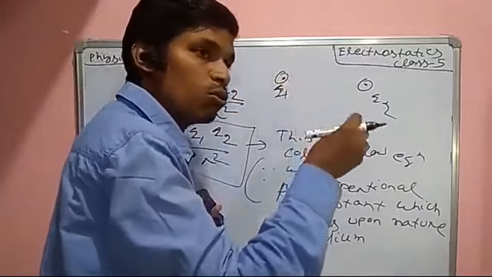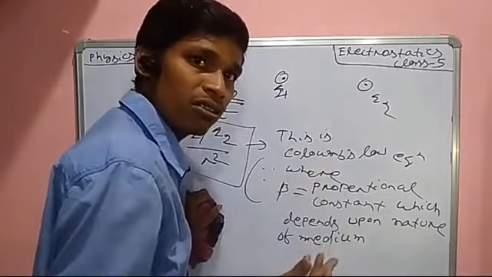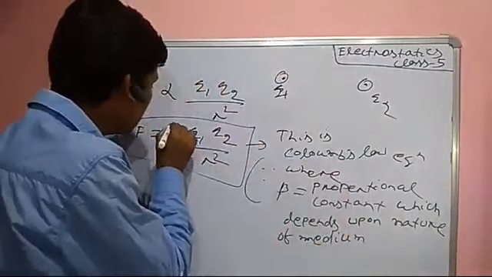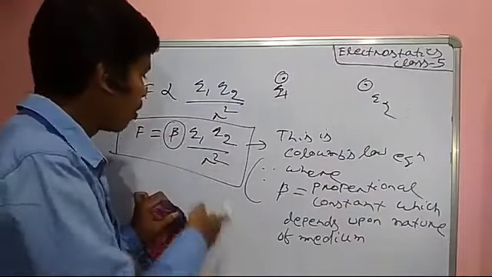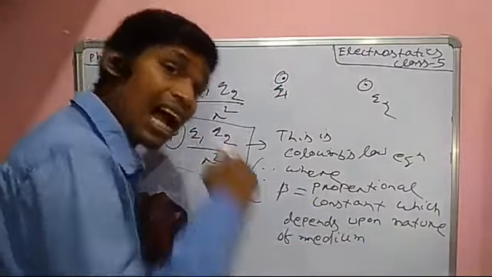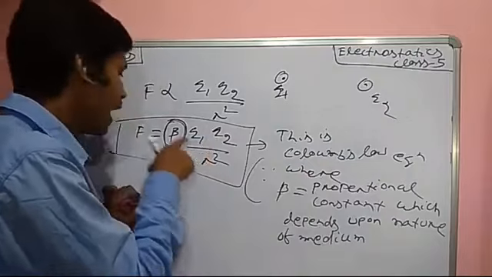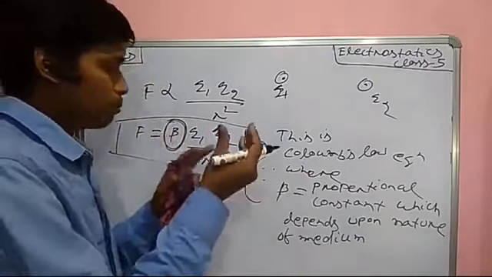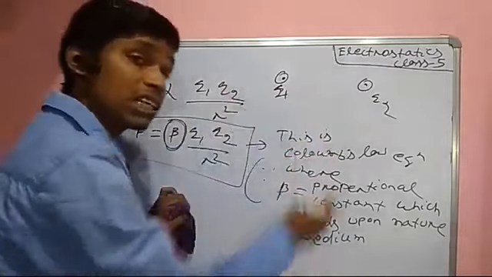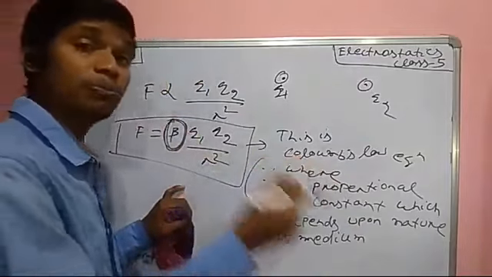So depending on which substance is present between the two charges, the force differs. Force depends on Q1, Q2, the distance R, and beta also, because beta is the proportional constant which depends upon the nature of the medium.